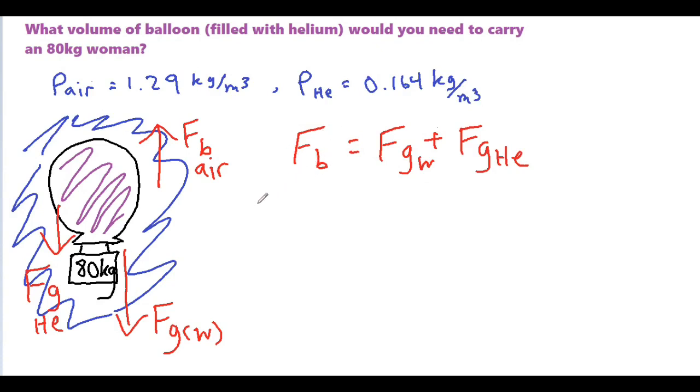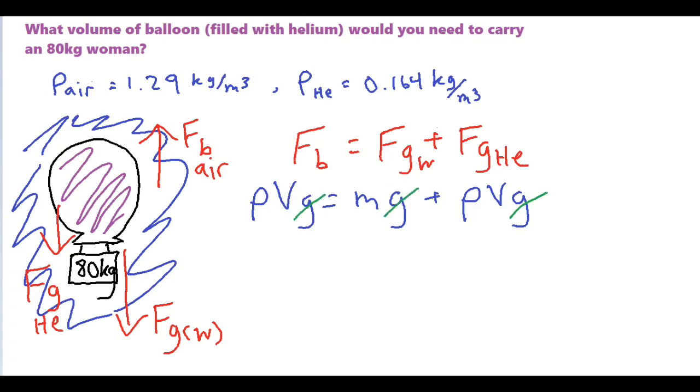So for the buoyant force of the air over here, we're definitely going to want to put that into the rho vg form. For the woman, we're going to want to put this in the mg form. And then for the helium, we're going to do rho vg, because we know the gas and we know the density of each of these forces that we broke into the rho vg. Now our g's are going to drop out, which is nice.